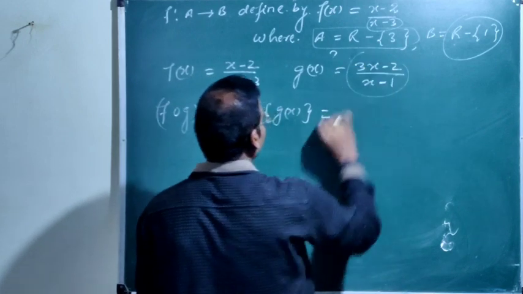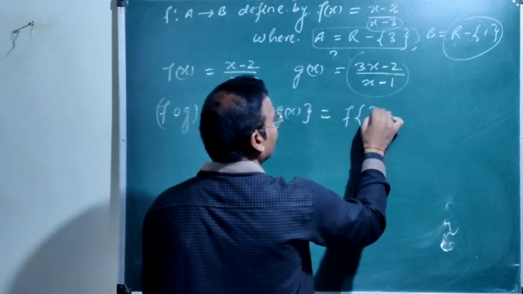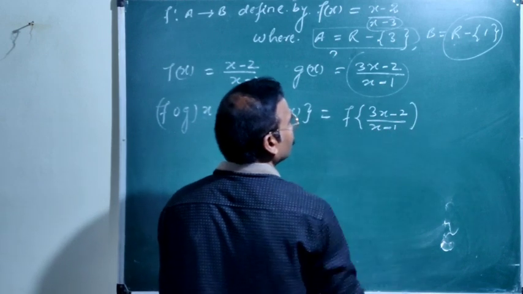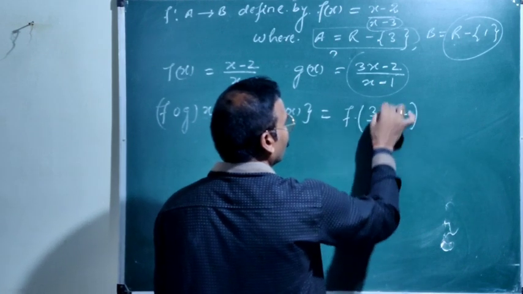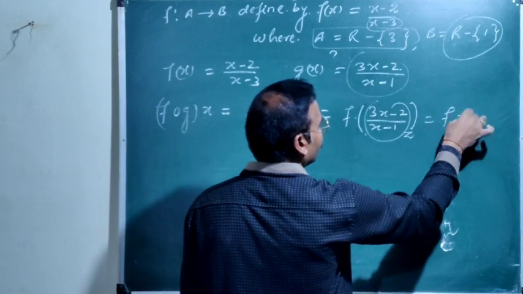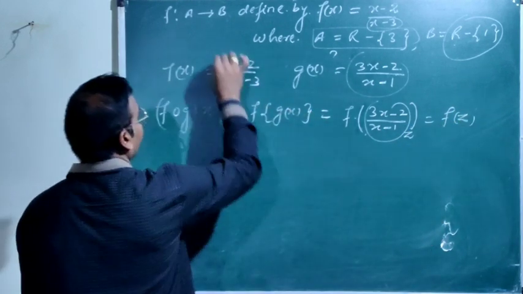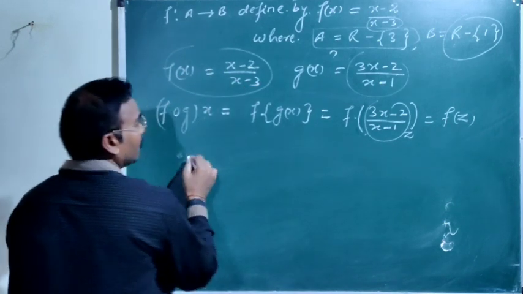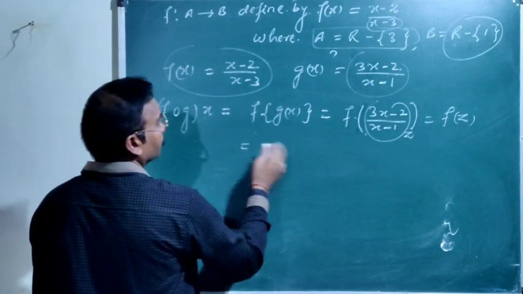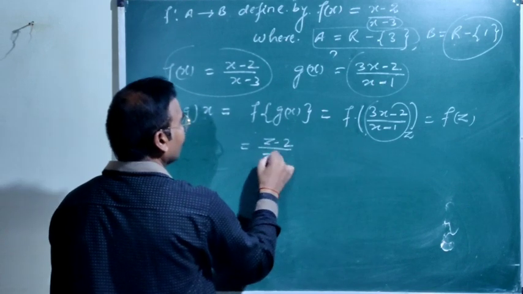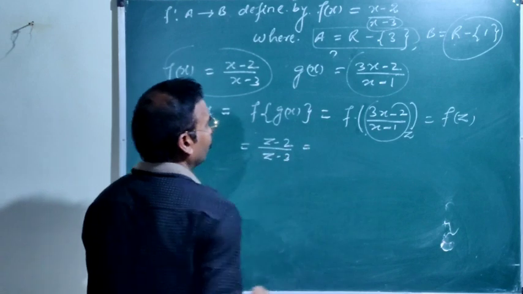This is g(x), so f of (3x minus 2) by (x minus 1). Now take this as z, so this will be f(z). According to f(x), f(z) means (z minus 2) divided by (z minus 3). Now put the value of z.